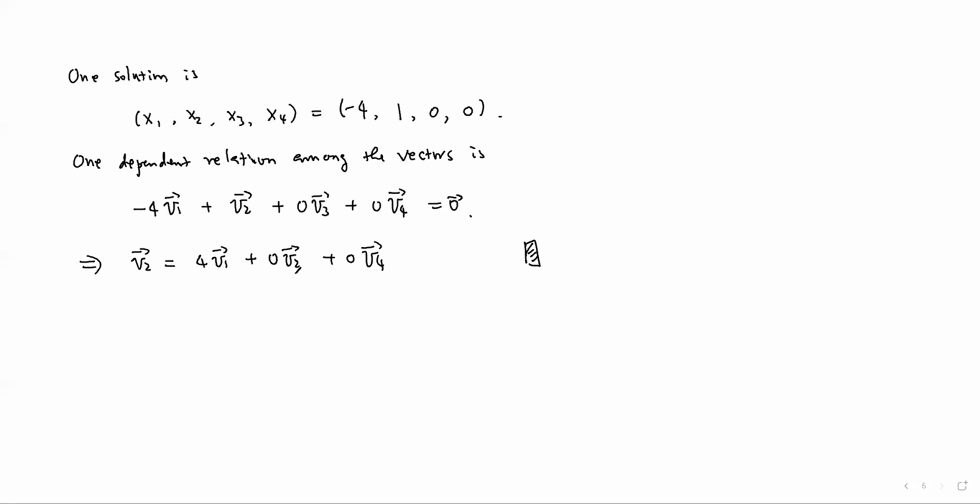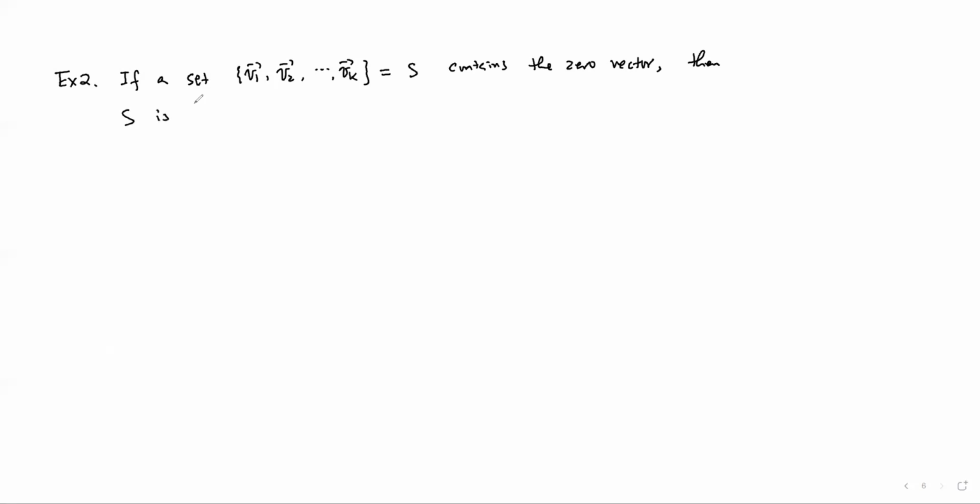Now example 2. If a set V1, V2, ..., VK, let me give a name to this set, say let me call it S, contains the 0 vector, then the set S is linearly dependent.